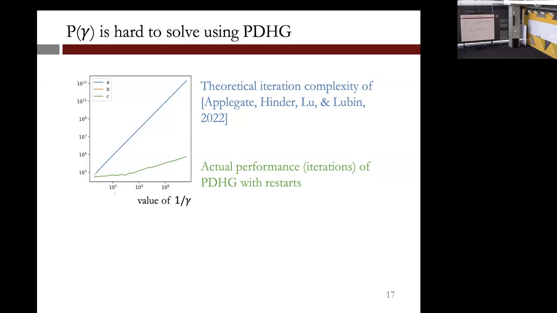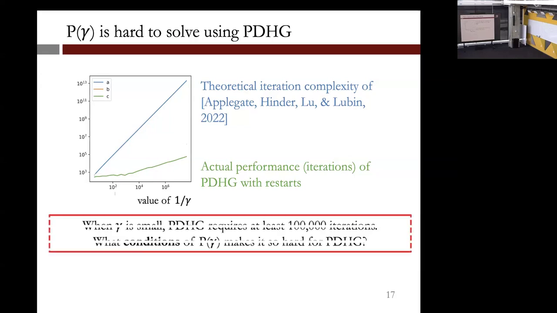Out here at 10 to the 8th, for example, PDHG is going to take over 100,000 iterations on this two-dimensional problem. We know this at an intuitive level, but can we be more precise and come up with a theory that pertains to this and that we can actually improve on?